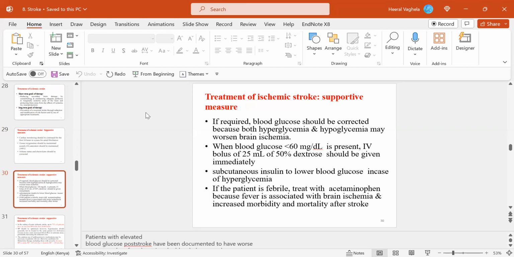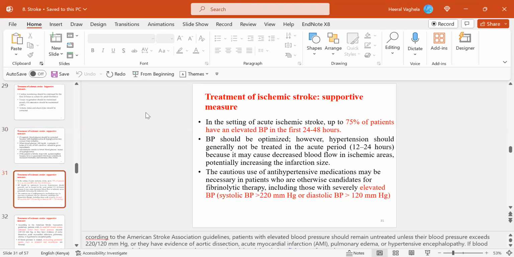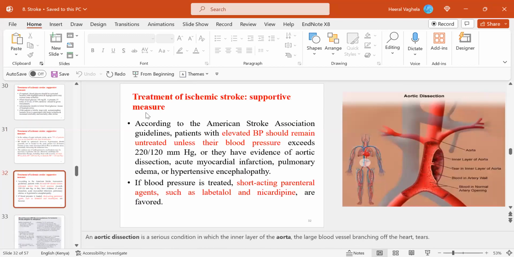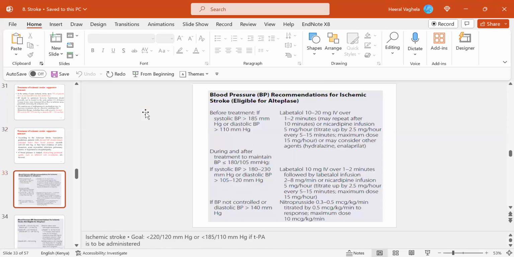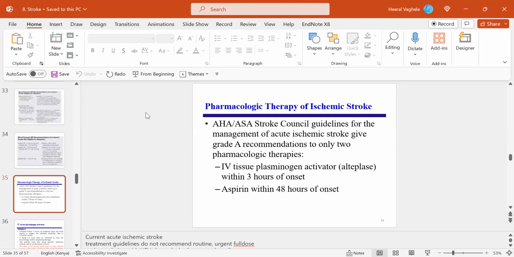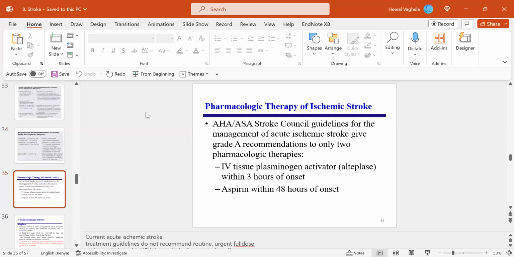Sometimes the patient may have fever, so you give them acetaminophen, paracetamol. And of course, if there is high blood pressure, you give the labetalol or the nicardipine. Yeah, those are the supportive measures.